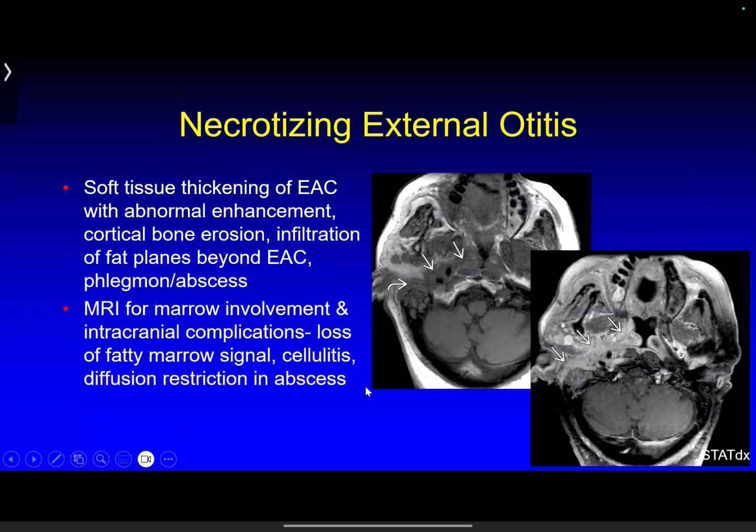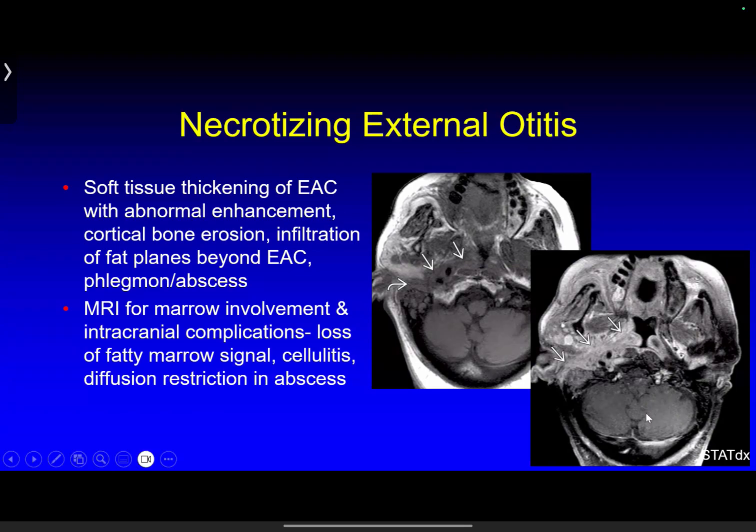MR is superior to evaluate the extent of the disease. You will see soft tissue thickening of the EAC. You may see abnormal enhancement, cortical bone erosion, and infiltration of fat planes beyond the EAC. It can result in phlegmon or abscess formation. If the marrow is involved, you will see marrow edema and enhancement with loss of the fatty marrow signal, and also any intracranial complications.